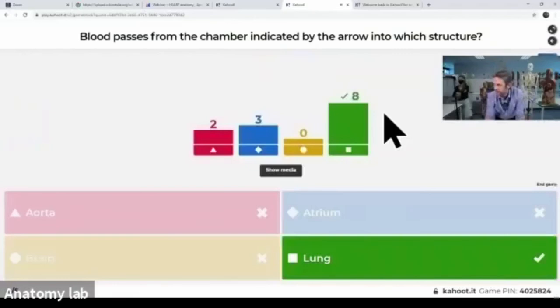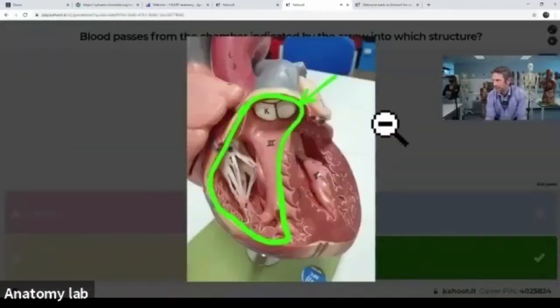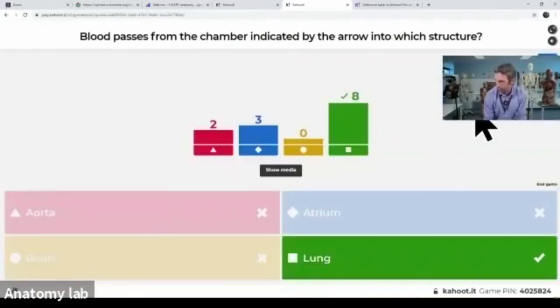Again, anatomy is very much about recognition and recall in 3 dimensions. So this is the right side of the heart, this is the right ventricle, here's the right atrium up here, and you can see that blood is passing out through this blue vessel here, painted blue because the blood is deoxygenated, but it's an artery. So the blood from the right ventricle is passing to the lung.